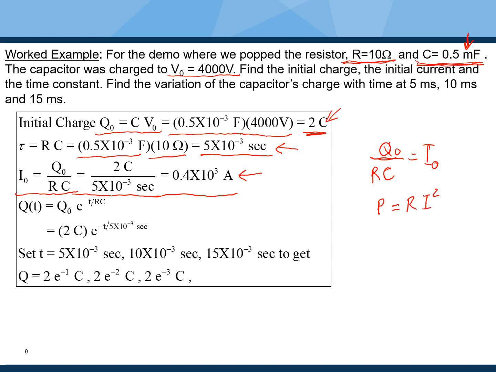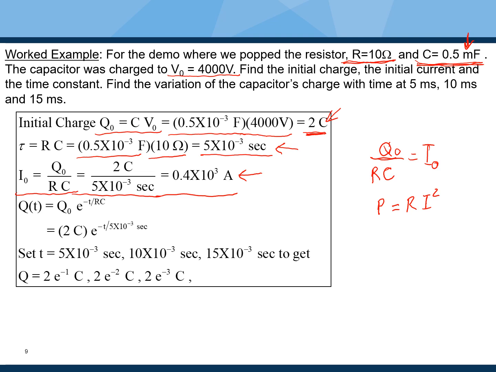You can imagine that this puny little 10 ohm resistor that we had in our demo had absolutely no chance, because it had 0.4 times 10 raised to 3 amperes of current coursing through it, and this was more power than the resistor could dissipate as heat, and therefore the resistor basically chose to blow up instead.